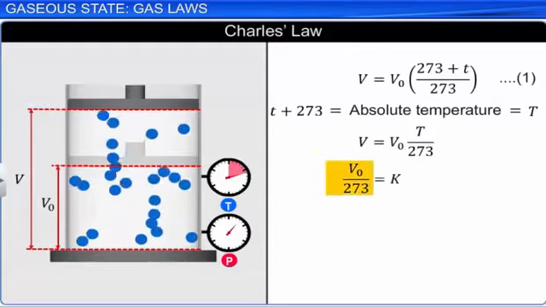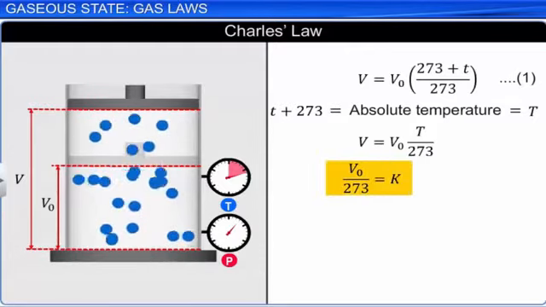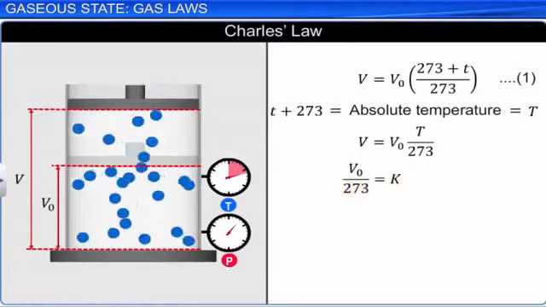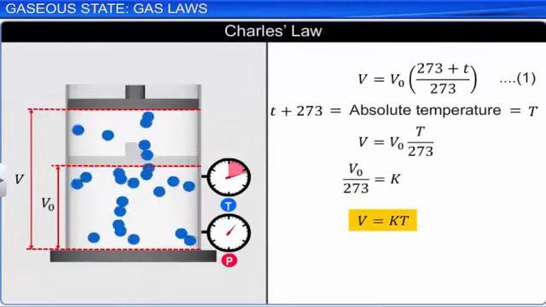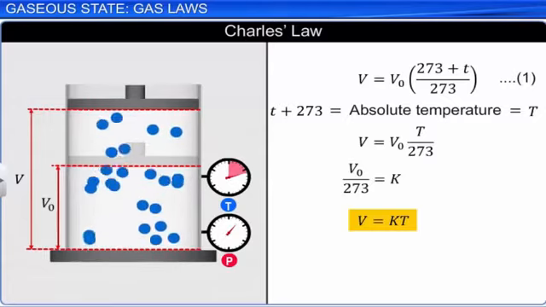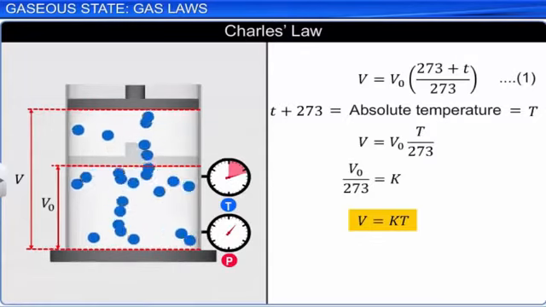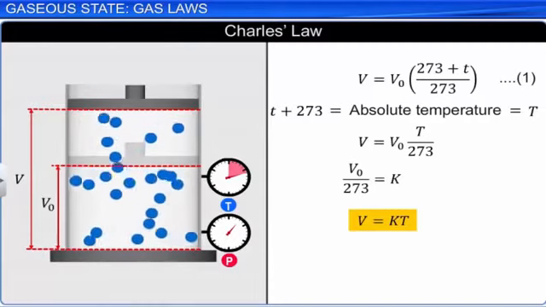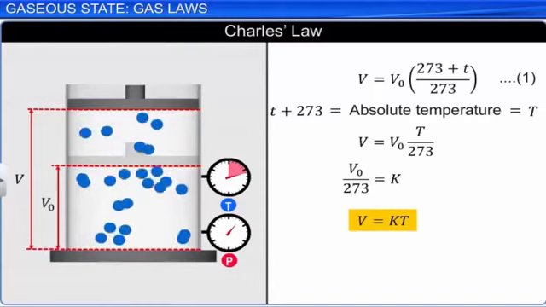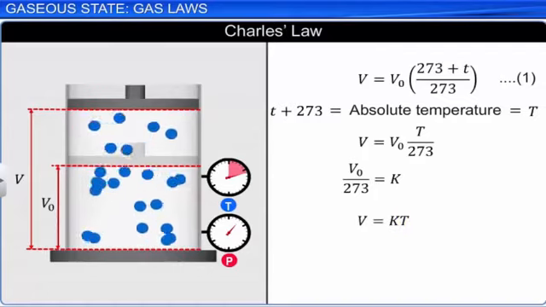Therefore, V is equal to kT, where K is a constant. Remember, temperature T is in Kelvin scale. This is a mathematical expression for Charles' law, which states that the volume of a fixed mass of a gas is directly proportional to its absolute temperature if the pressure is kept constant.